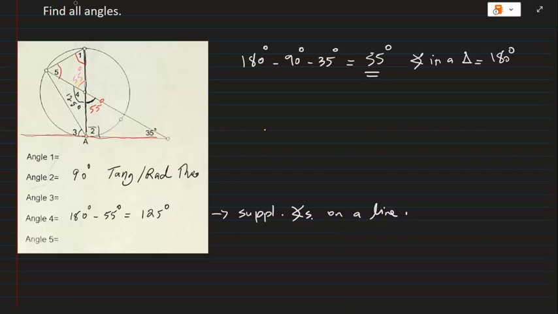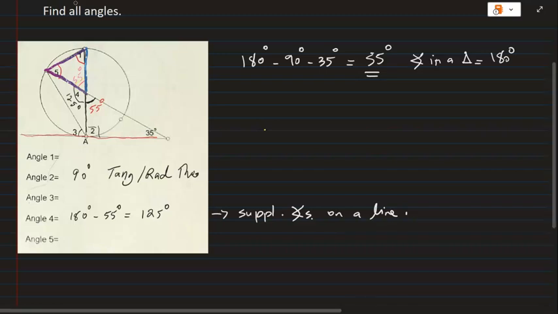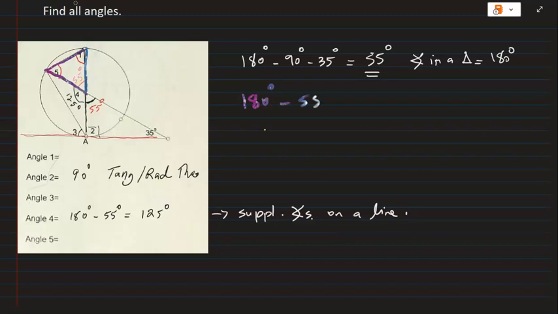Because this triangle that you see is an isosceles triangle. Therefore, the two base angles must be equal to each other. And so what we get is whatever is left of 180 degrees. So let's do 180 minus 55 degrees, and that would be 125.